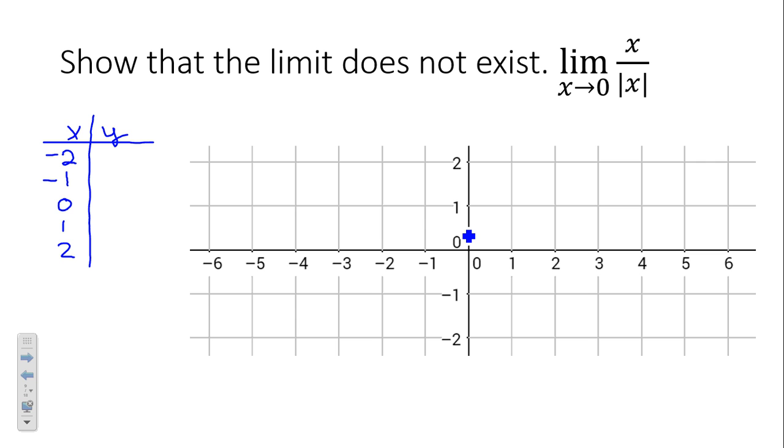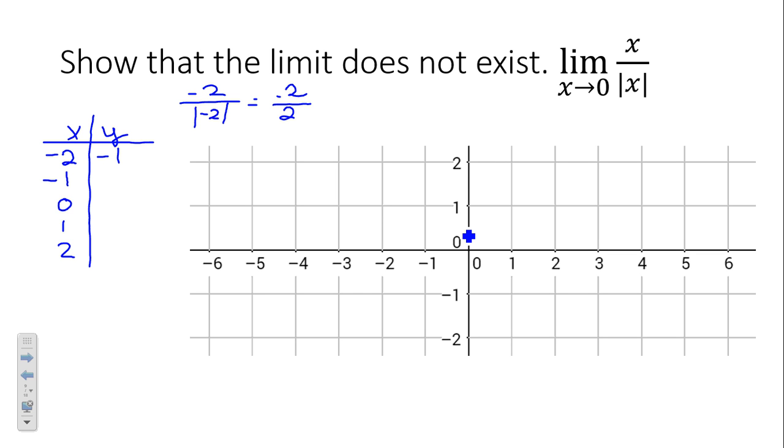So what happens if we put in negative 2 over the absolute value of negative 2? It'll be a negative 1 because this is still negative 2, but the absolute value of a negative 2 means how far is it from zero on the number line? It's 2 away. And so when we divide that, we get a negative 1.